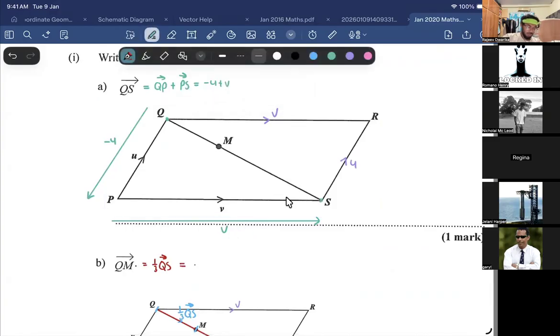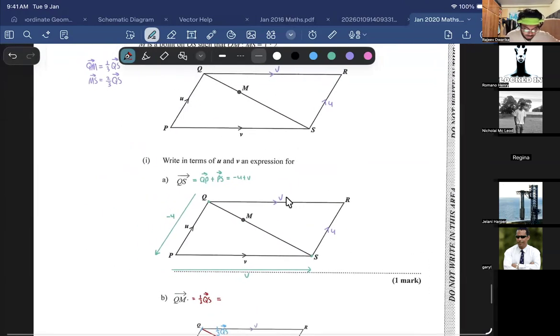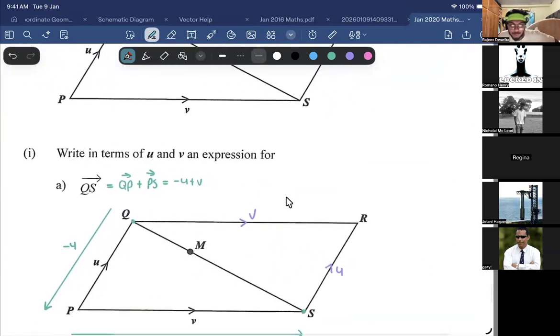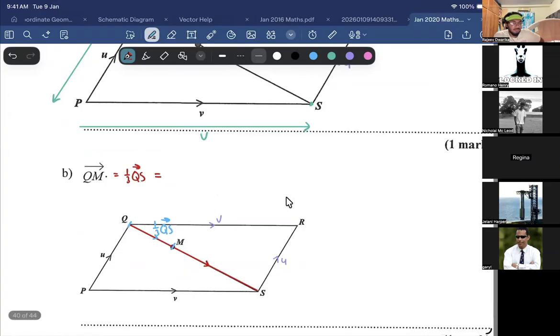Gary, do we know what the entire vector QS is? Q to P, then P to S. And what did I get for that? Minus U plus V. And QM is what? A third QS. Where's QS?